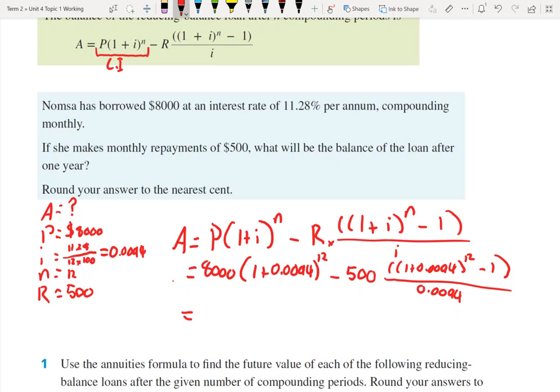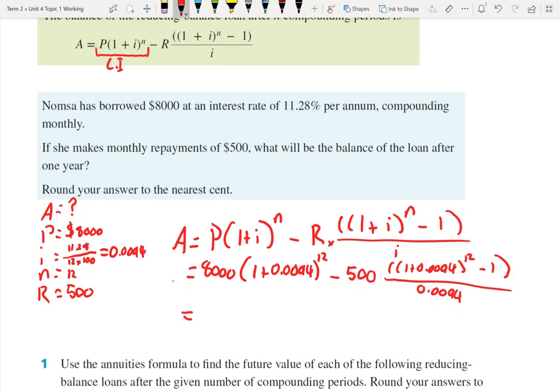In your calculator, after you do to the power, depending on what calculator you have, you may need to close a bracket or press the right hand arrow just so it doesn't keep writing the equation in that power section. Just be aware of that as you're doing it. My calculator does it automatically, but just check yours as you go. And then we close that bracket after that minus 1 and then divide by 0.0094.